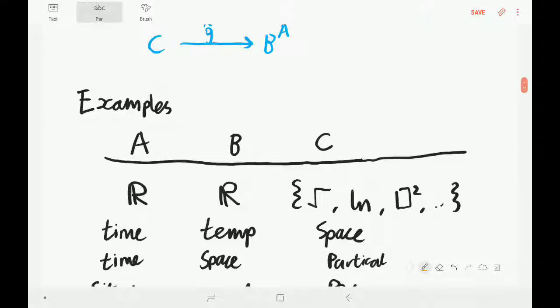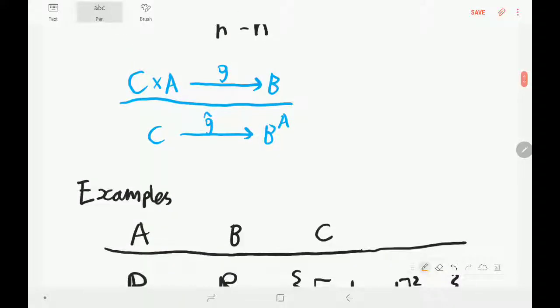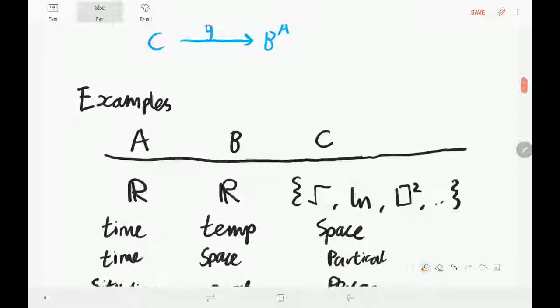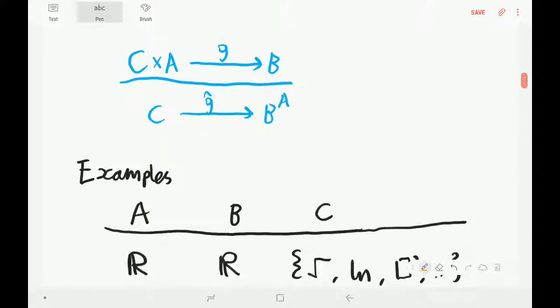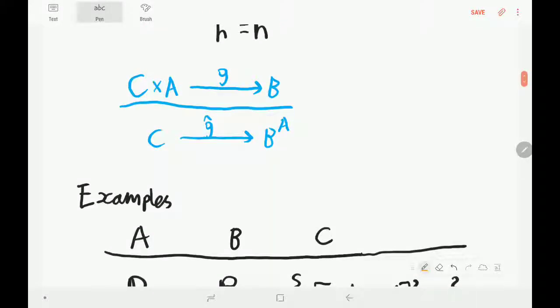Another one is we can let A, B, and C be space, time, and particles. So we can think of G now: it takes a particular particle and a particular time, and it gives us the position of that particle in space.